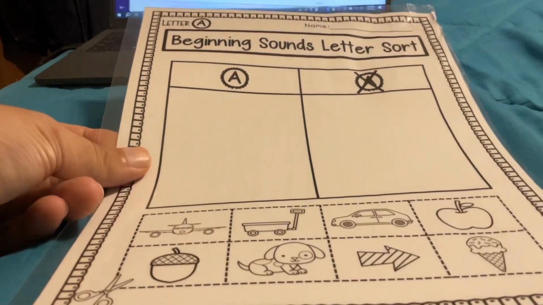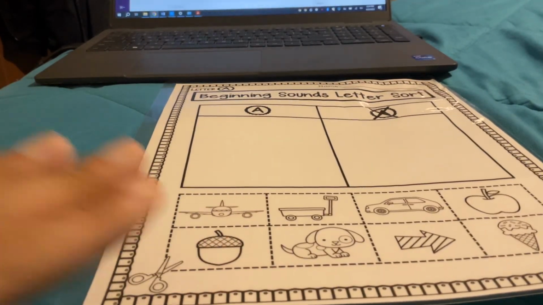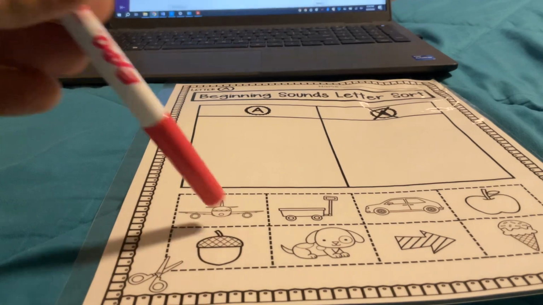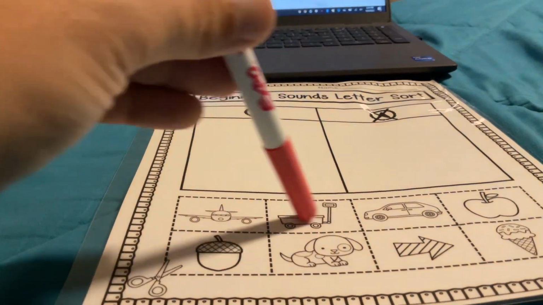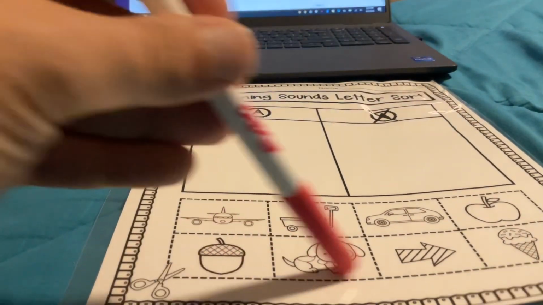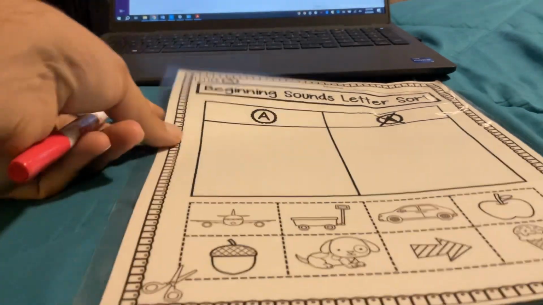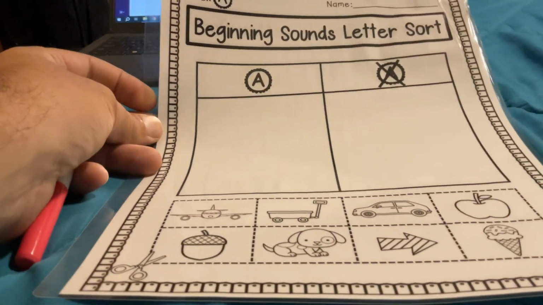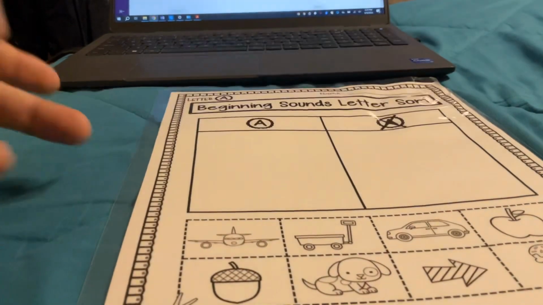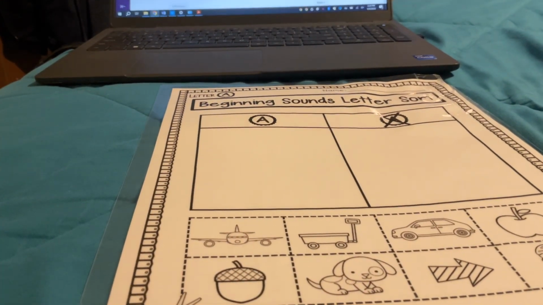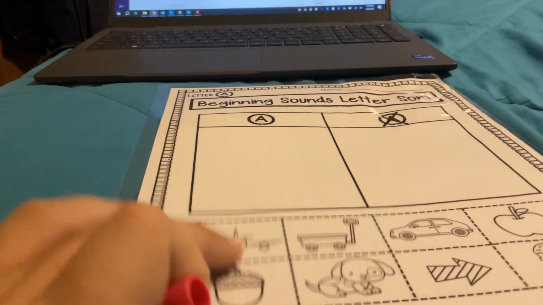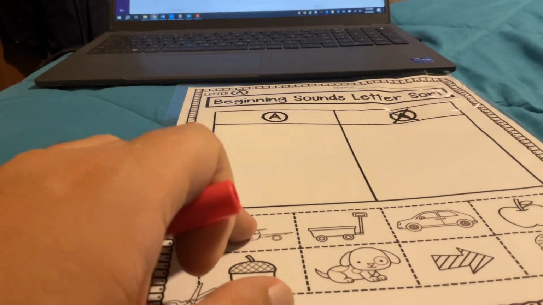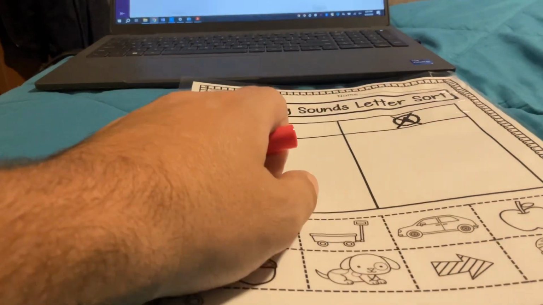So in this section right here, you're going to match up each word or each picture down here with, is it an A or not an A word? The students will actually cut these out and glue them up here.